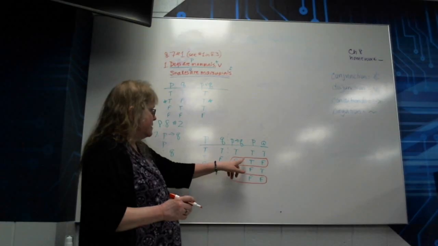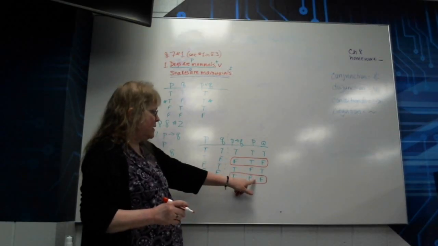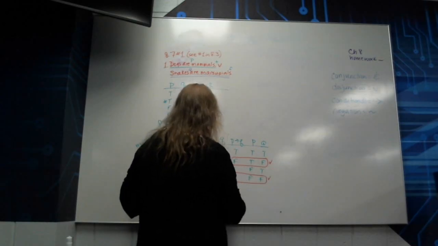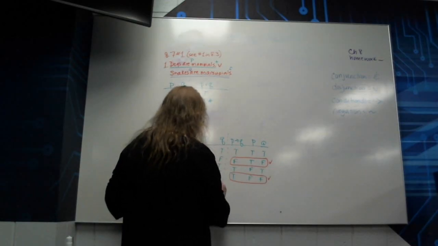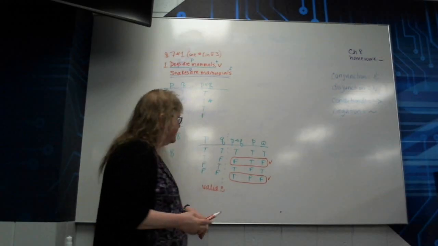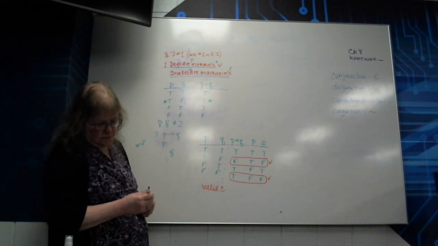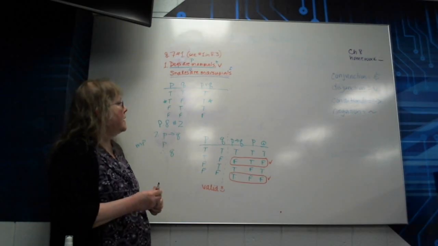In this case, both of these have at least one false premise, so they're okay, and this is valid. Okay? Not too horrible. A little bit weird, but not too horrible. Okay?